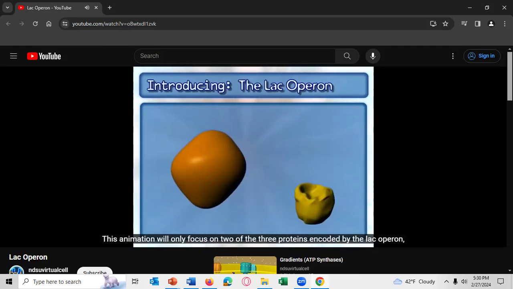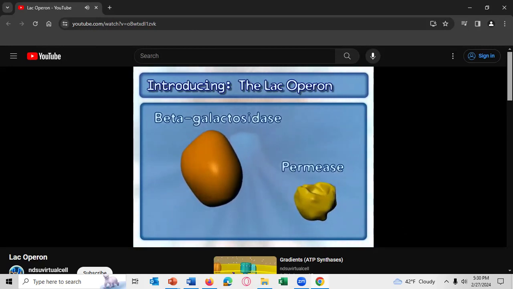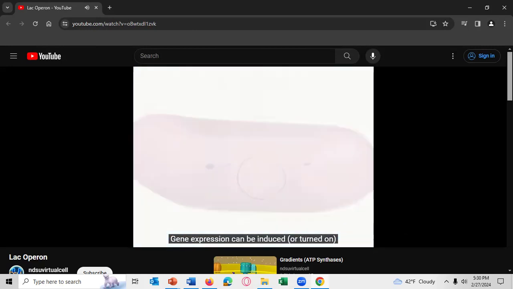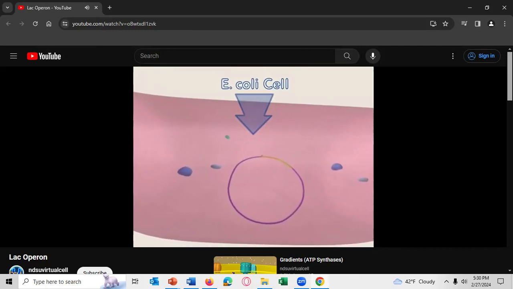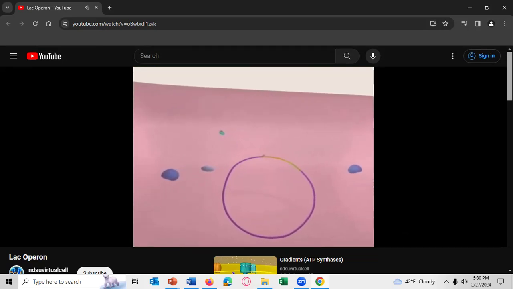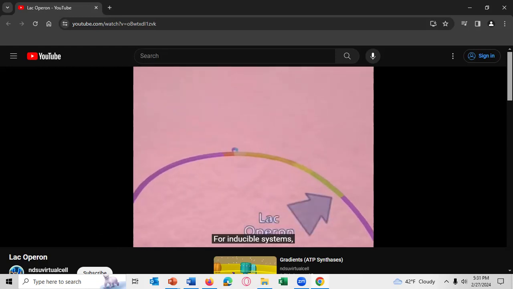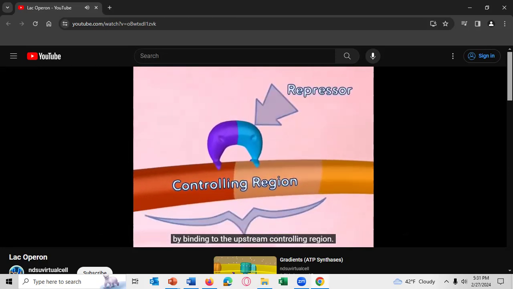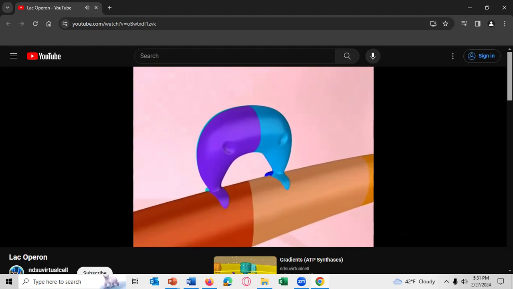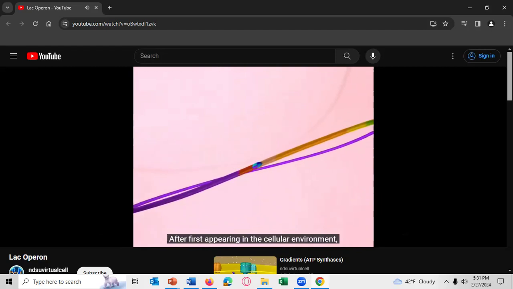This animation will only focus on 2 of the 3 proteins encoded by the lac operon, beta-galactosidase and permease. Gene expression can be induced or turned on when a specific inducer molecule appears in a cell. For inducible systems, a repressor molecule prevents gene expression by binding to the upstream controlling region. That's the operator. Lactose is the lac operon inducer molecule.